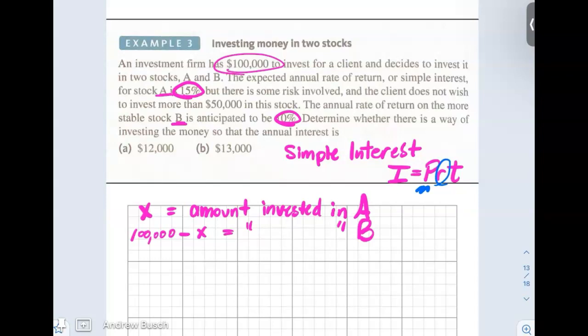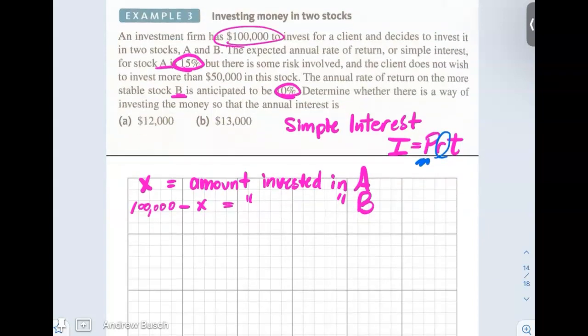So the annual interest in stock A is going to be 15%, which is 0.15, times the amount we're putting in stock A, which is X. So this is the annual interest in A.